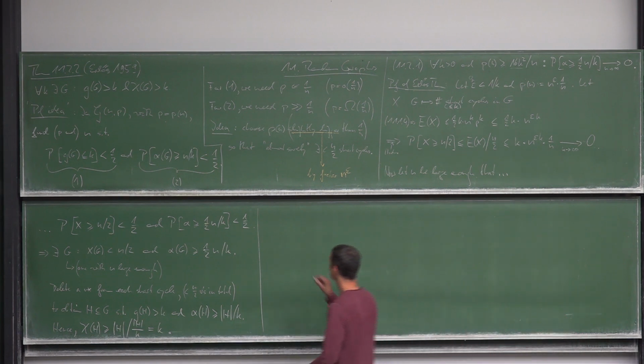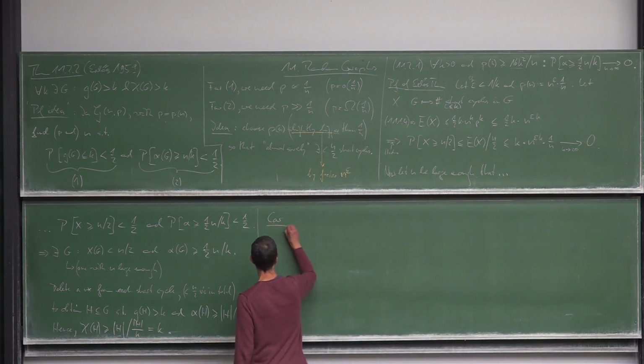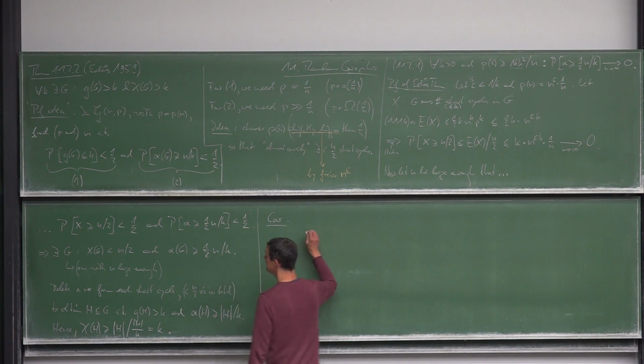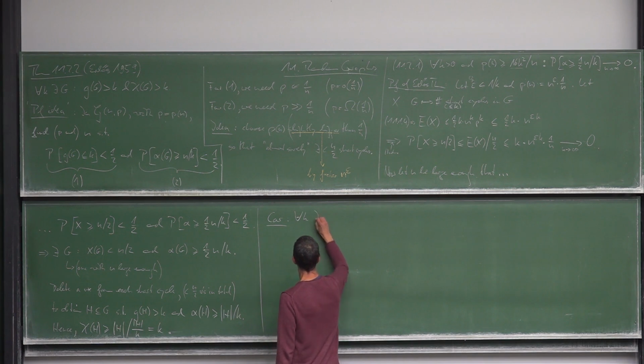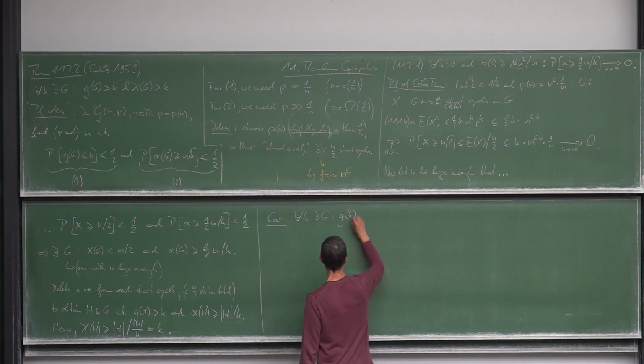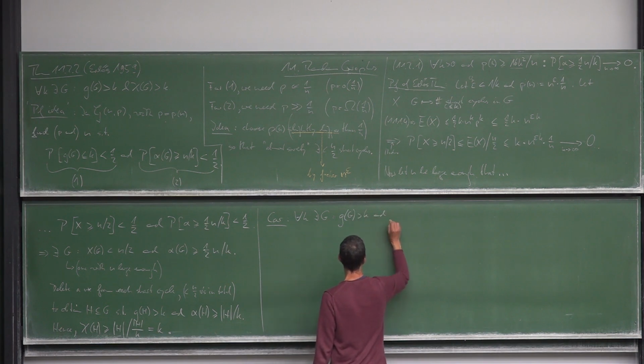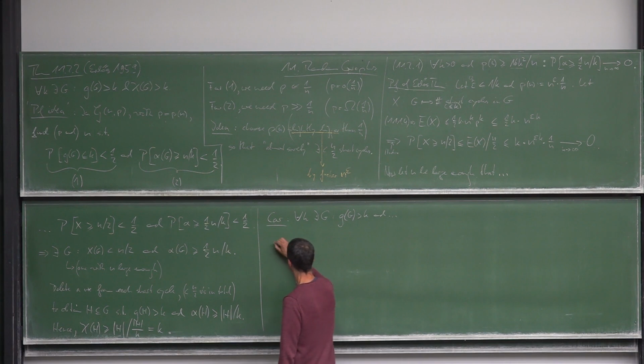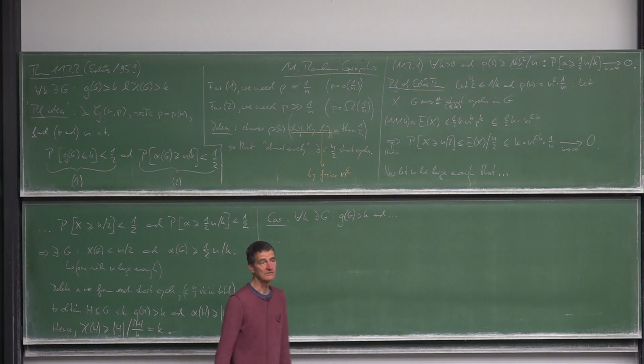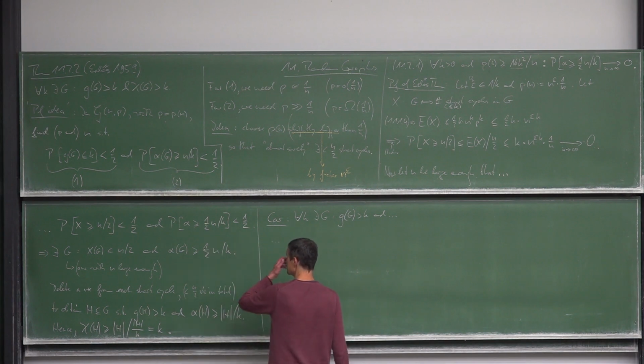Corollary. For every K, there's a graph whose girth is bigger than K, and you can now choose your parameter of choice that comes with a large chromatic number.